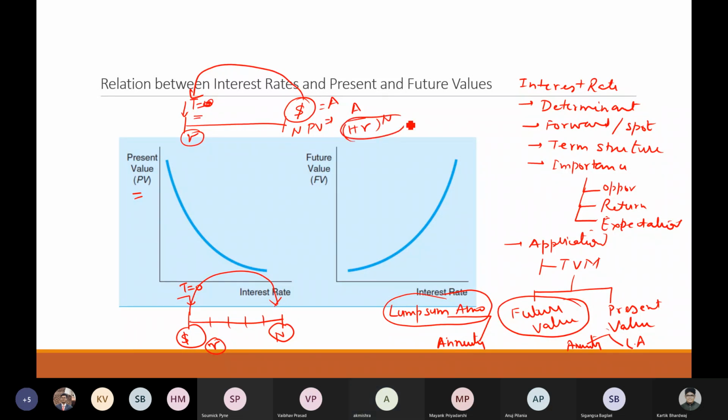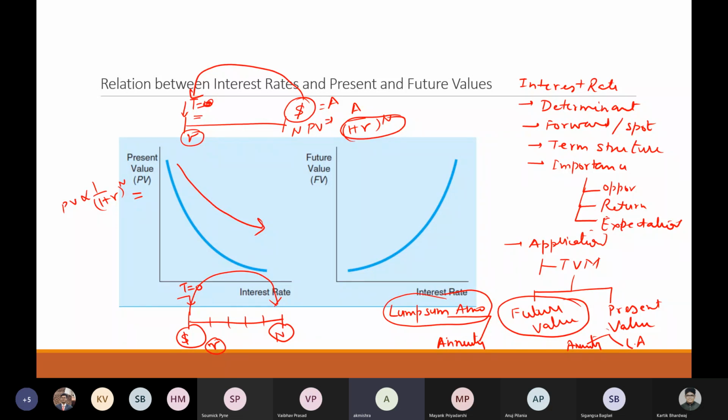It means an inverse relationship. So PV is inversely related to interest rate and time period as well. So when the value of interest rate is going to increase, what will happen? Your present value will come down. It depends upon your interest rate and number of years.